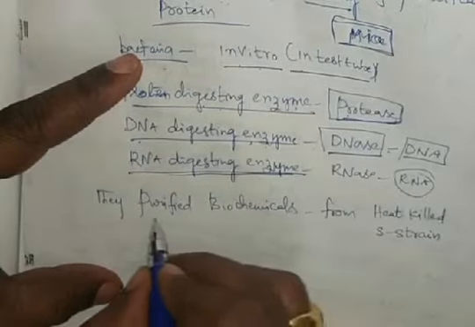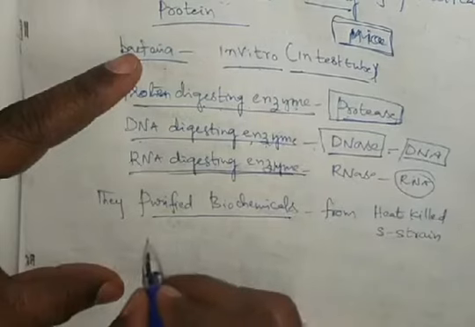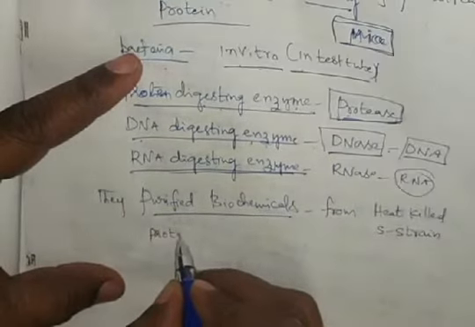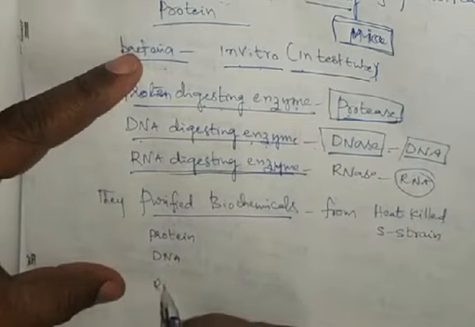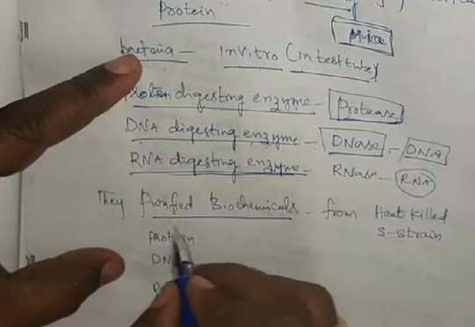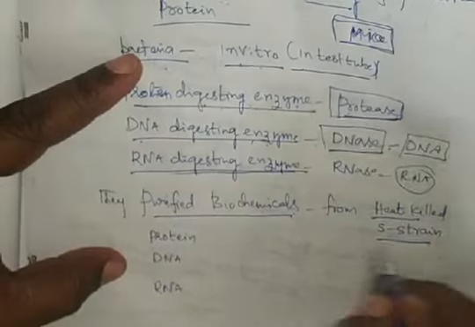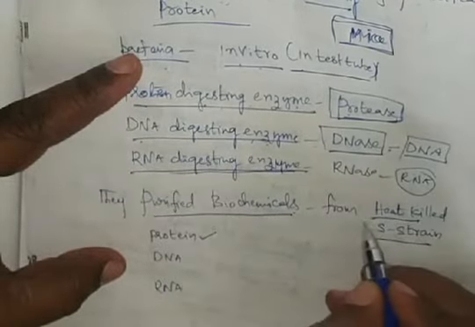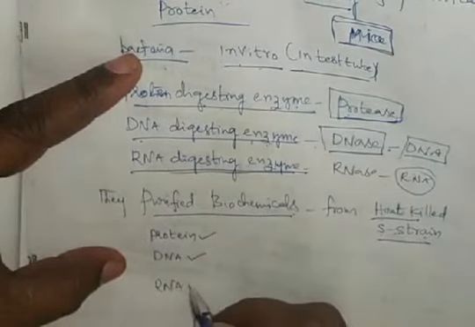Those purified biochemicals are protein, DNA, and RNA. So they purified the biochemicals from the heat killed S strain and collected the protein, the DNA, and the RNA from the S strain.